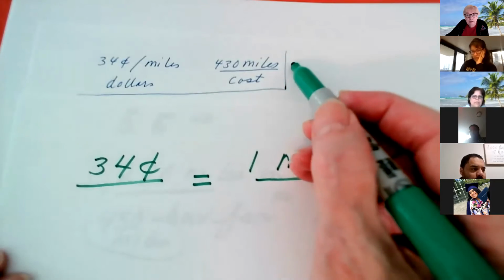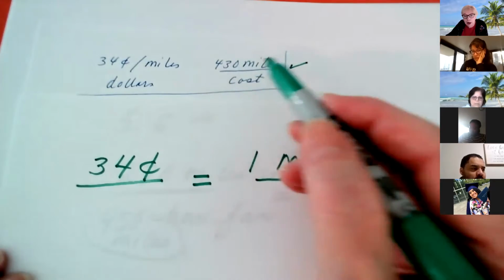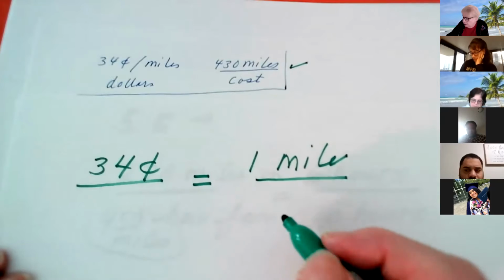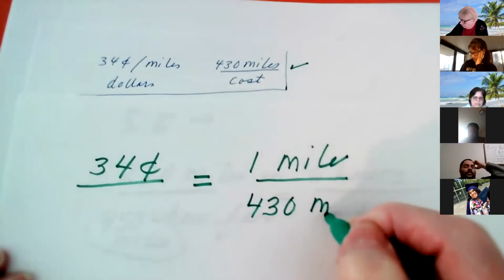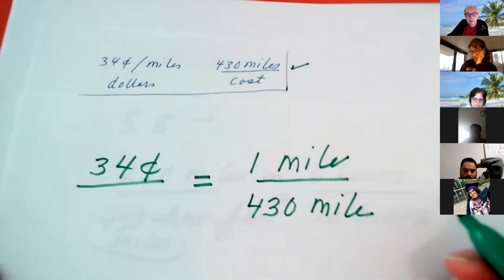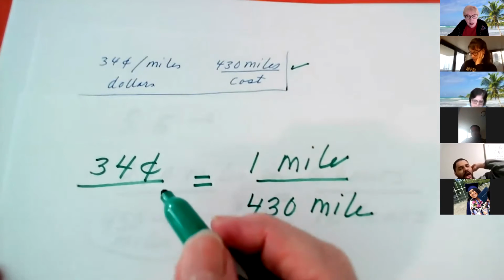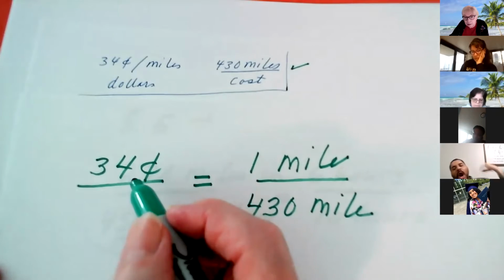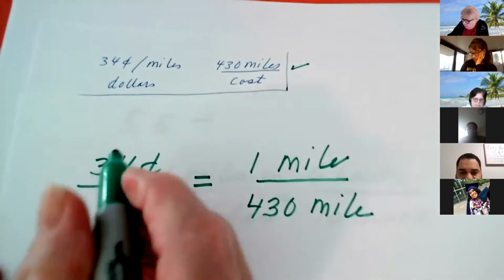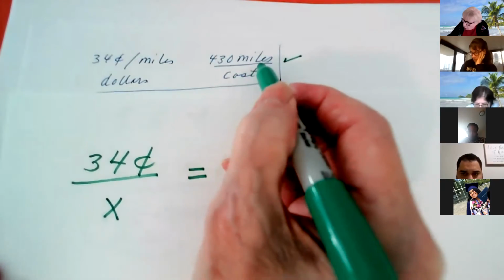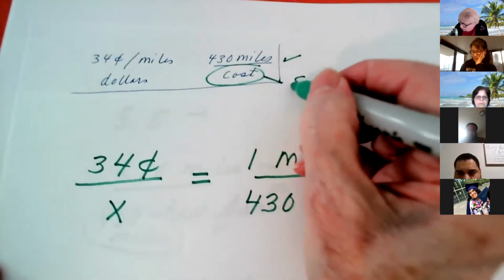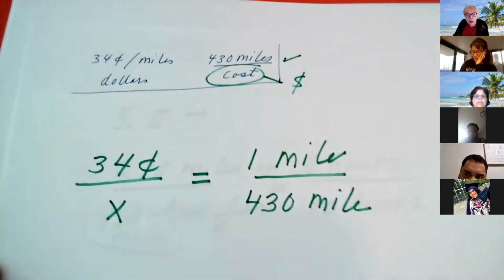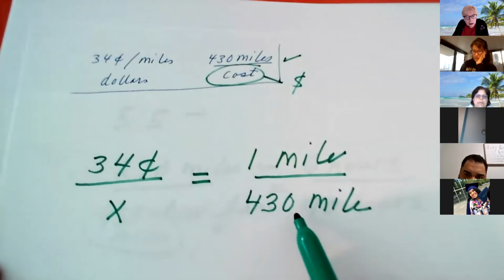So then I have 430 miles. I've got to put it under miles. Miles to miles. This will be in cents, but this is the missing number because it said, what's the cost? Which is dollars, or money.